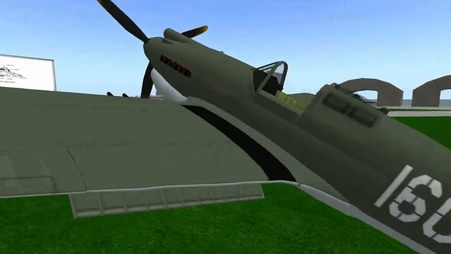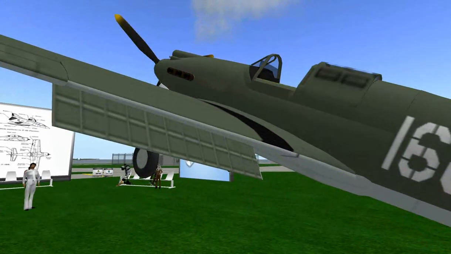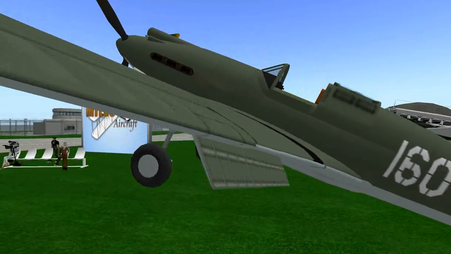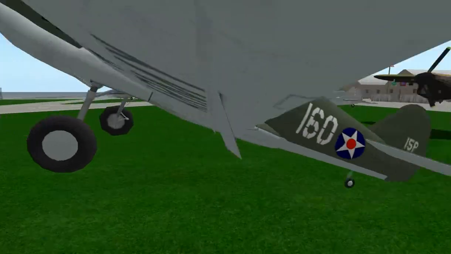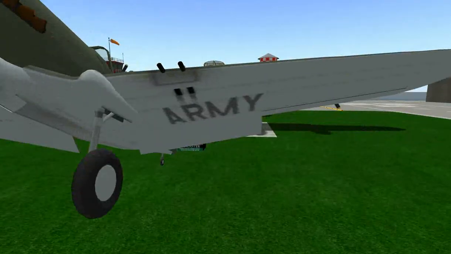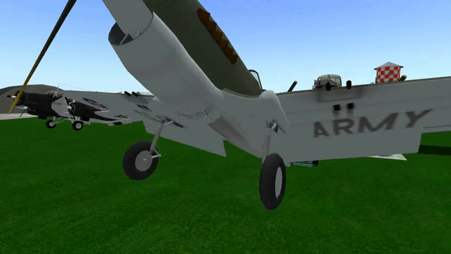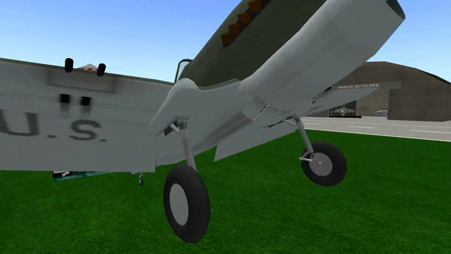It also decreases the stall speed of the aircraft so that you can get it slower and be able to land at a more reasonable speed. Otherwise, aircraft like this P40 would have to land way above the normal stall speed, which is pretty fast. You'd have a hell of a time getting it on the ground.